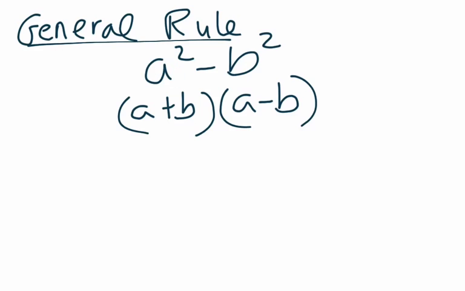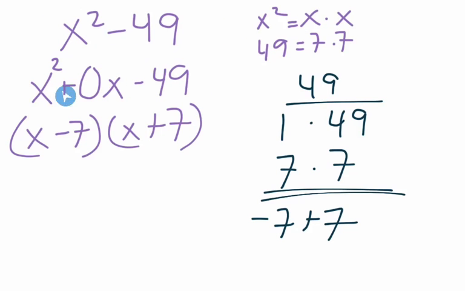So you would figure out what times itself gives me a squared, what times itself is going to give me b squared, just kind of think that through. And then one of them is positive and one of them is negative all the time. And you don't have to go through like this bizarro thing where you're putting a 0 in the middle, unless you really want to, but I would not recommend doing it.